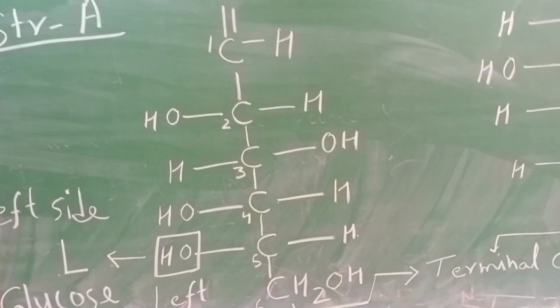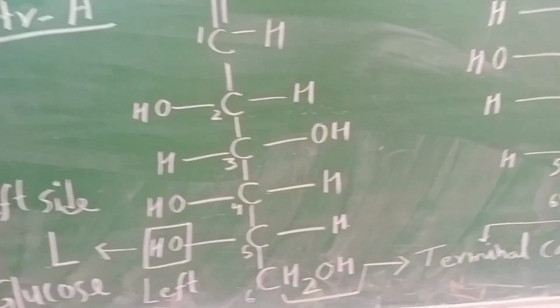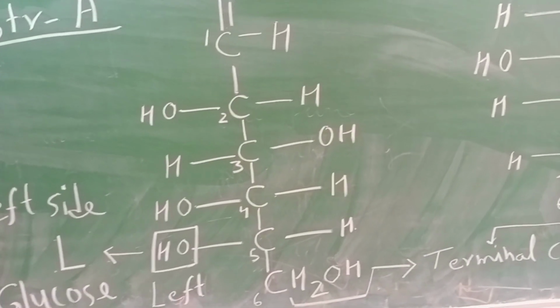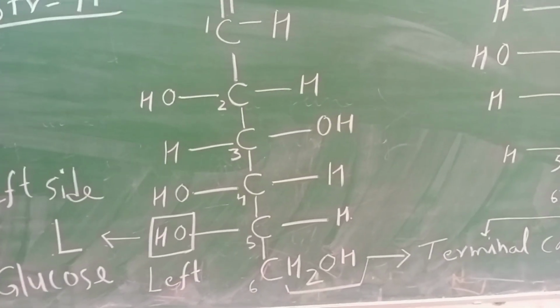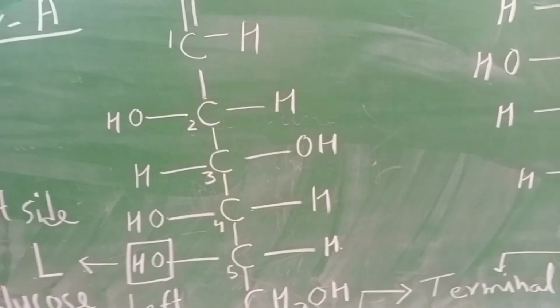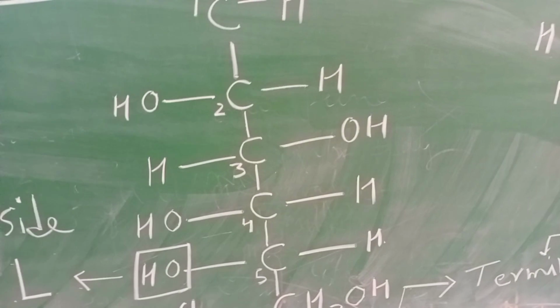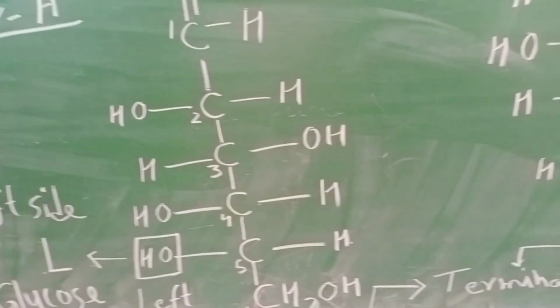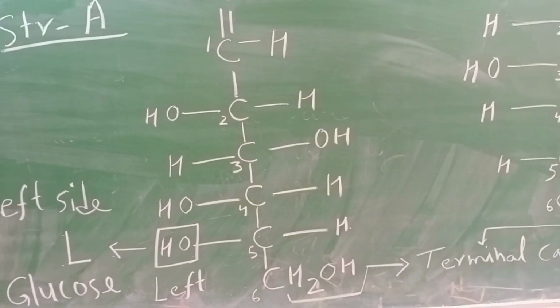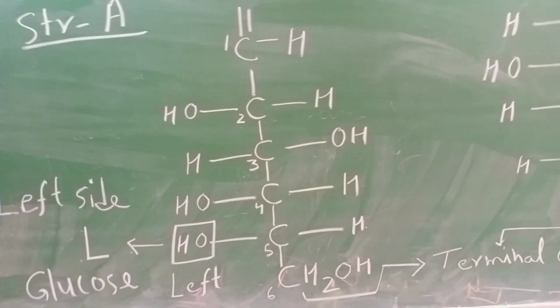or the capital L form. Now I want to further emphasize that the capital D and capital L are not similar to small d and small l. I will explain the meaning of d and l in my next lecture.